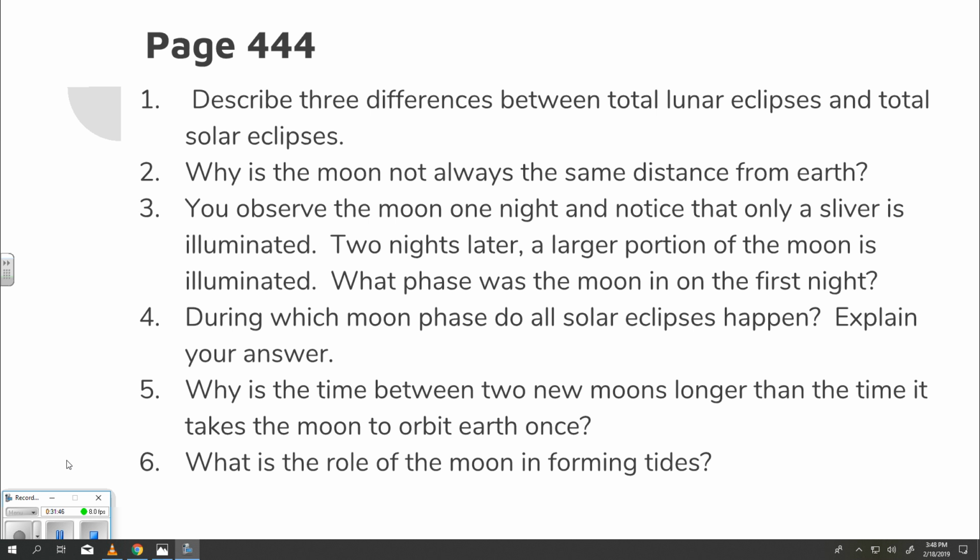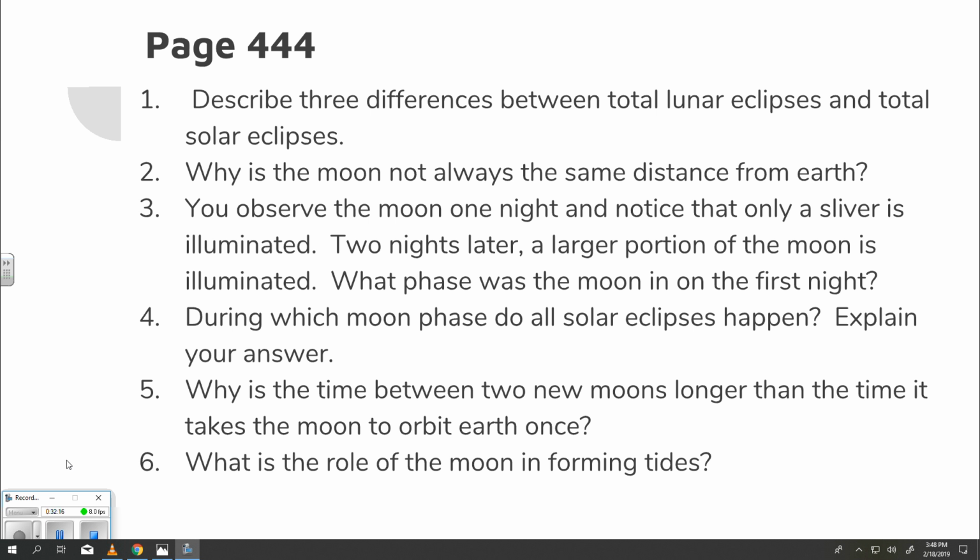What phase was the moon on the first night? During which moon phase do all solar eclipses happen? Explain your answer. Why is the time between 2 new moons longer than the time it takes the moon to orbit Earth once? What is the role of the moon in forming tides?